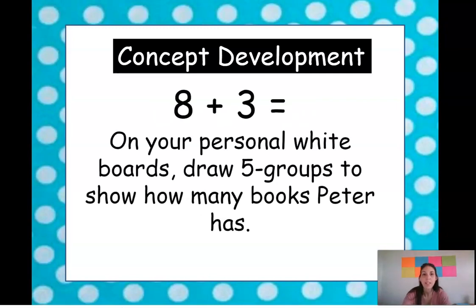Okay, let's look at this one. On your personal whiteboard, draw 5 groups to show how many books Peter has. So 8 plus 3. You do it on your whiteboard or a piece of paper. I'm going to do it on mine, and let's see if we get the same, okay? Got my marker ready here. So in 5 groups, that means 5 across, and then if you need more, you do another however many more underneath.